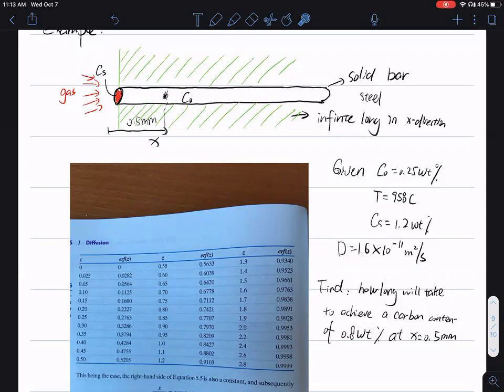Our job is to figure out how long it takes. Can we just give a guess? We're increasing the concentration of carbon from 0.25 to 0.8%. Let's give a reasonable guess how long it would take. Minutes, hours, days, months, or years?